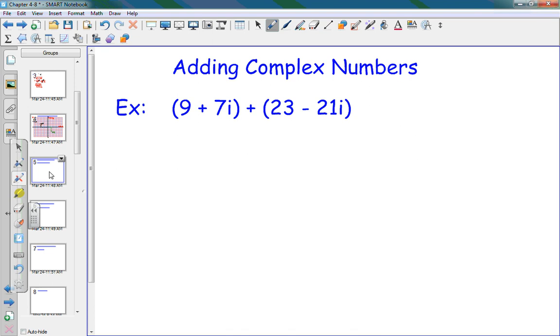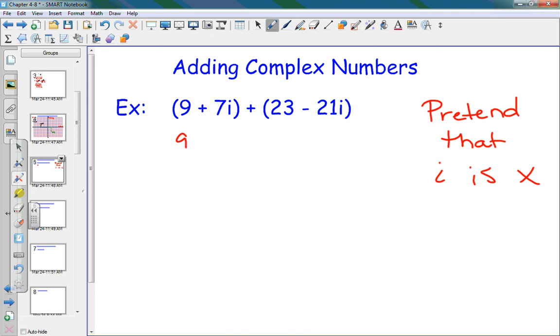So now, adding complex numbers. If I'm adding complex numbers, well, this is ugly. It looks ugly. But what I want you to do is pretend that i is x in your head. Do not change it on the paper though. If I'm adding 2 of these, my question is, do I need these parentheses? I do not need the parentheses because I'm not distributing anything.